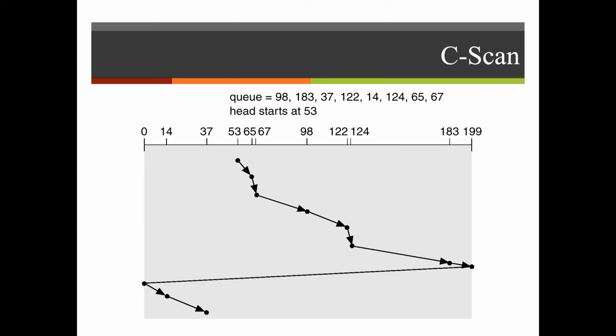And we have our C-scan, which can utilize the disk surface in a circular manner. So it will rotate until the head reaches the innermost track, and then the algorithm will not service any requests in the reverse direction.